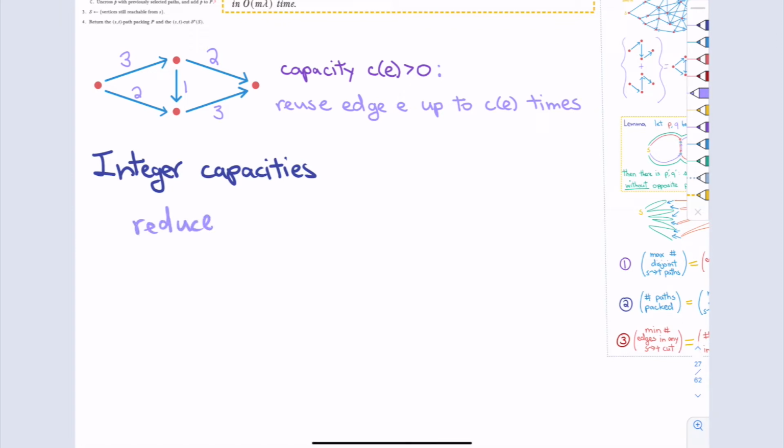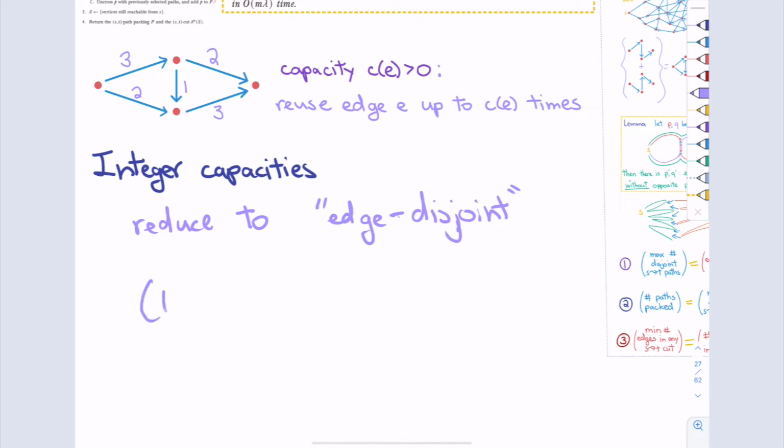We're only worried about reestablishing some of these equalities. We can reduce to the edge disjoint case.